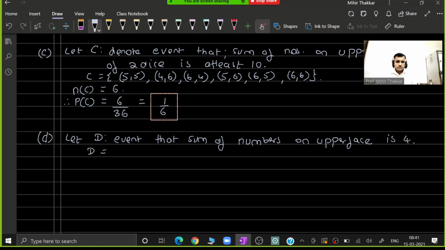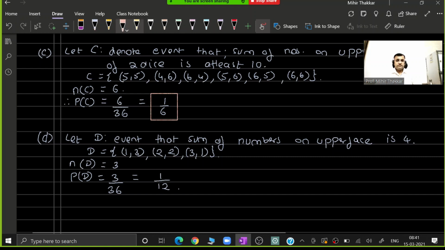So what are the possible outcomes that we can get over here? If I want a sum of 4, I can take the values 1 and 3. I can take the values 2 and 2, as well as I can take the values 3 and 1. So there are 3 possible outcomes that I can see over here. So n of D comes out to be equal to 3, and therefore P of D comes out to be 3 by 36, which is just 1 by 12. A very easy one.